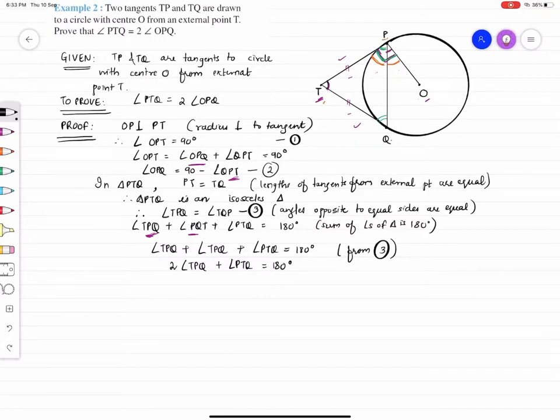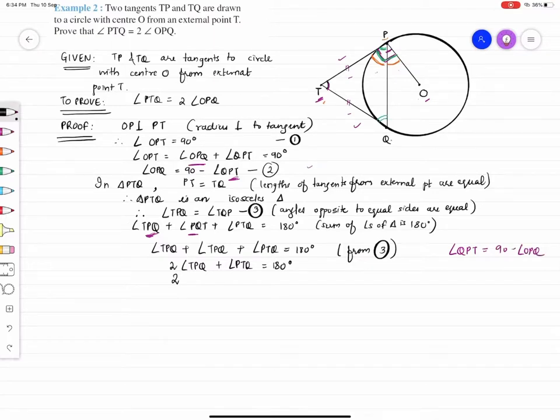But from 2, I know that, see, from here we can see that angle OPQ is equal to 90 minus QPT. And if we just interchange the angles a little bit, I can say that angle QPT is actually equal to 90 minus OPQ.